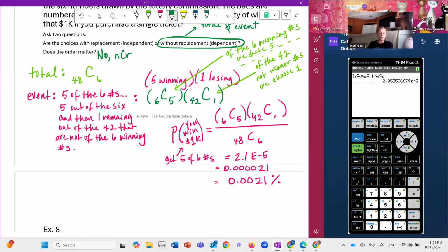So the chance of winning $1,000 is 0.0021%.